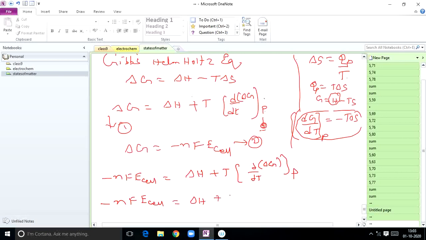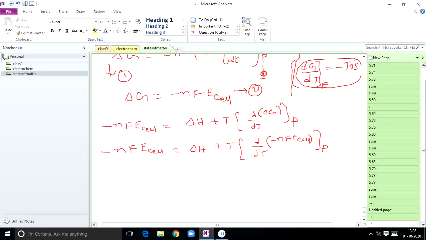Here in place of delta G you can write minus nF E cell at constant pressure. So minus nF E cell is equal to delta H minus nFT into ∂ by ∂T of the EMF of the cell at constant pressure.